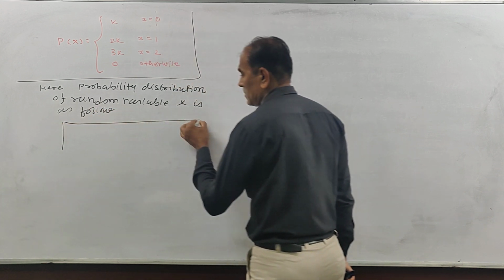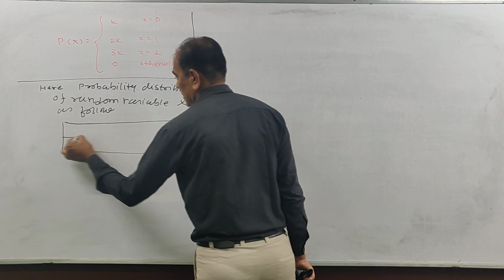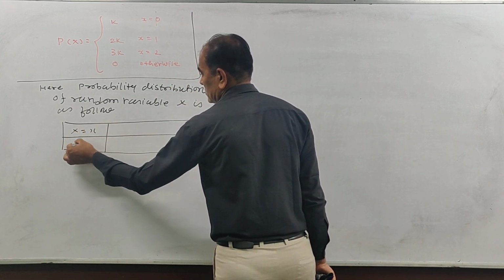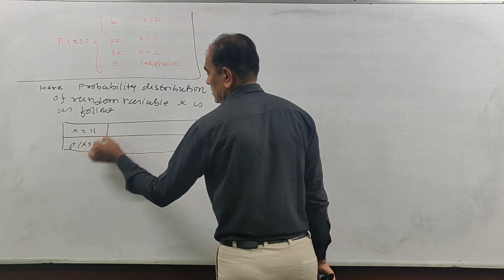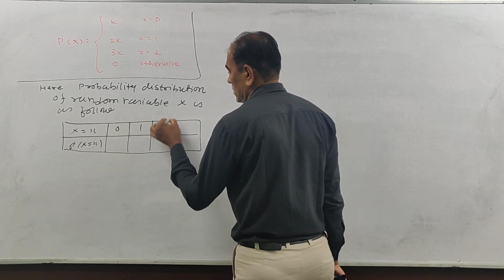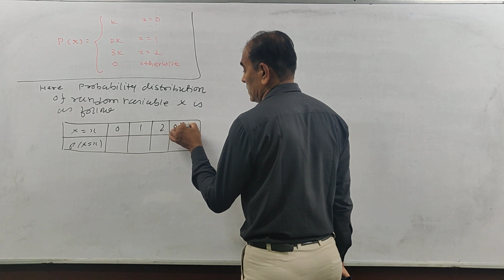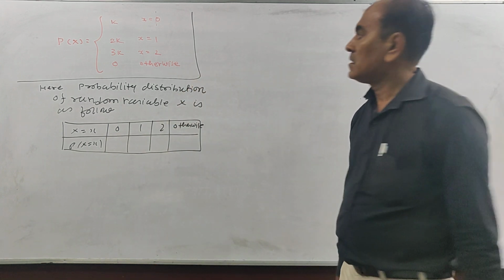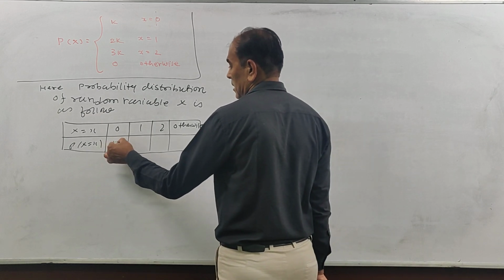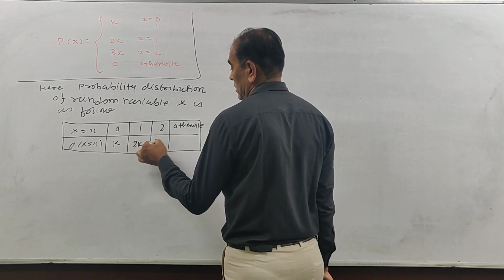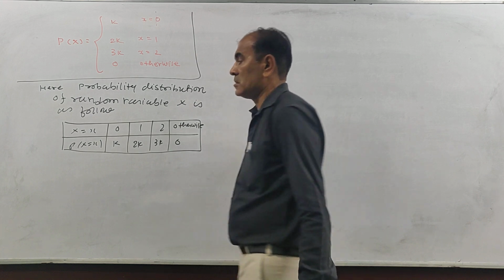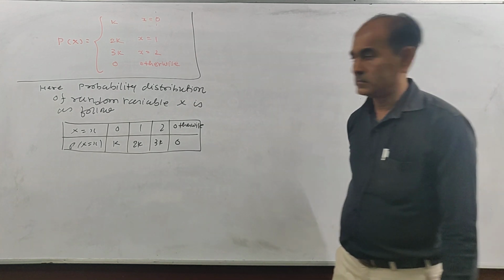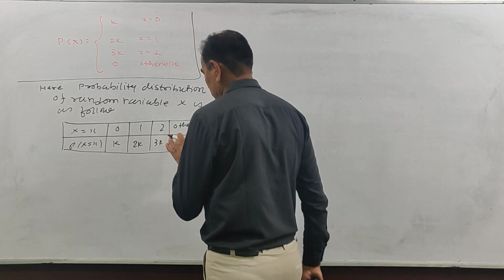It is given in tabular form also. Here, what we have to write? X is equal to x, P of x is equal to x. 0, 1, 2, and otherwise. Then k, 2k, 3k and 0. So same as the previous one. Find out k.